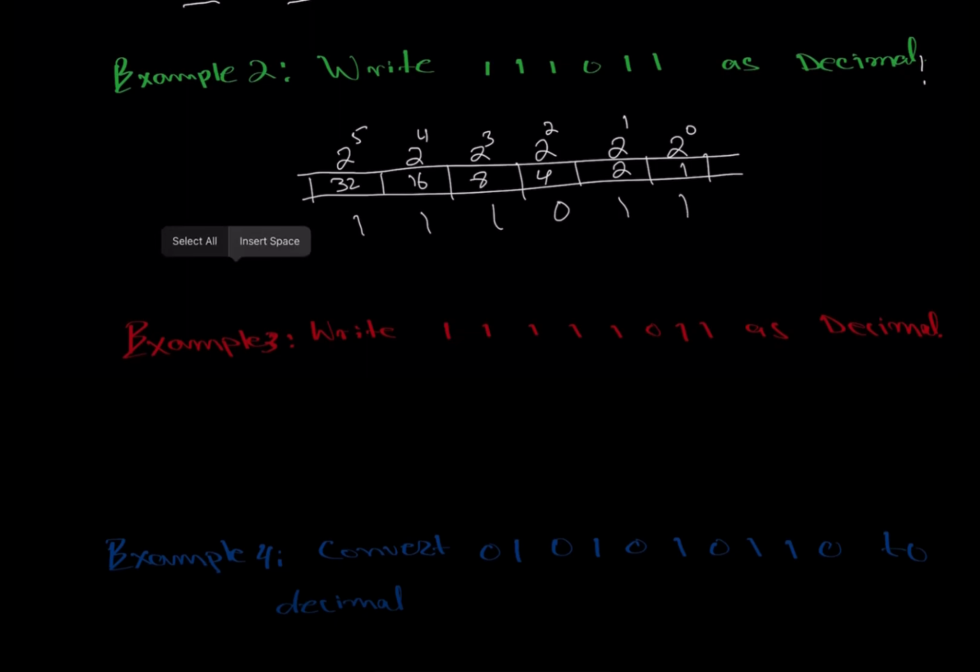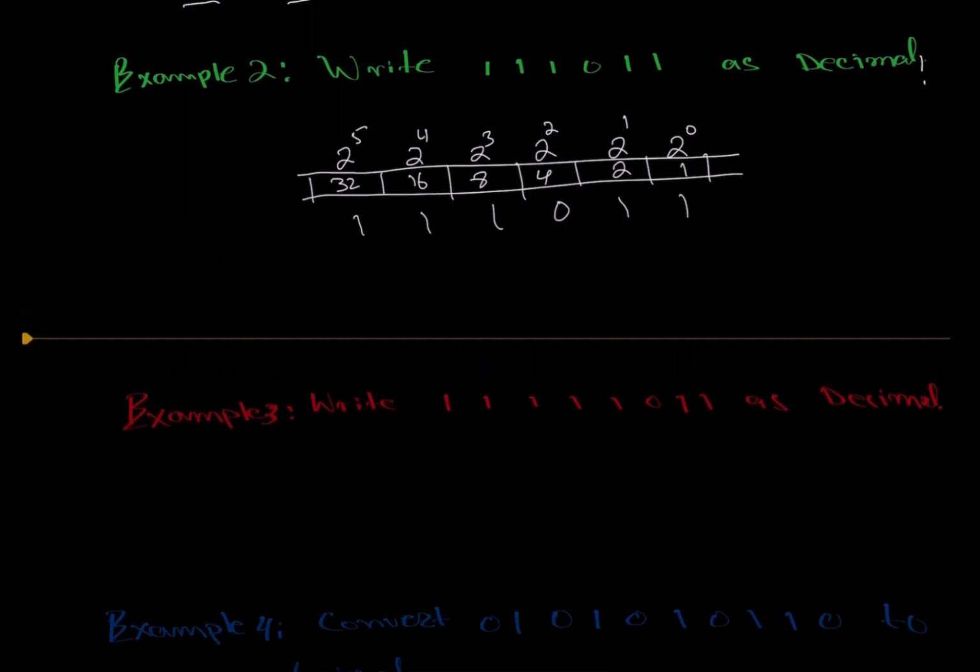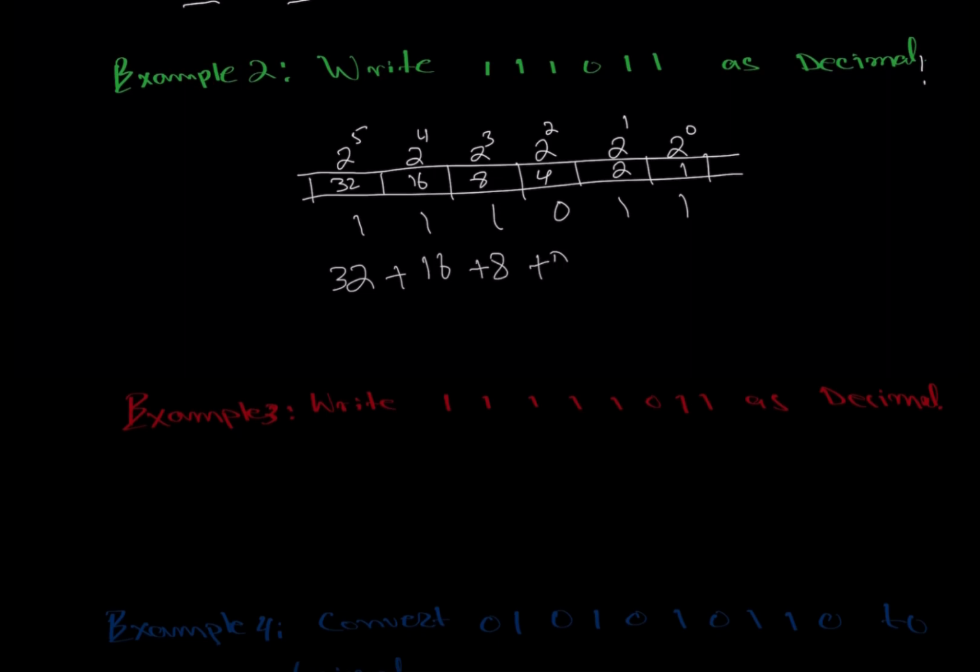Everywhere you see 1, you add the corresponding number of that placing value. So that 1 right there will be 32, plus you have 1 right there, that's 16. You have 1 right there, that's 8. You have nothing there, you can add 0, that doesn't matter. You have 1 right there, that will be 2. You have 1 right there, you add that one also.